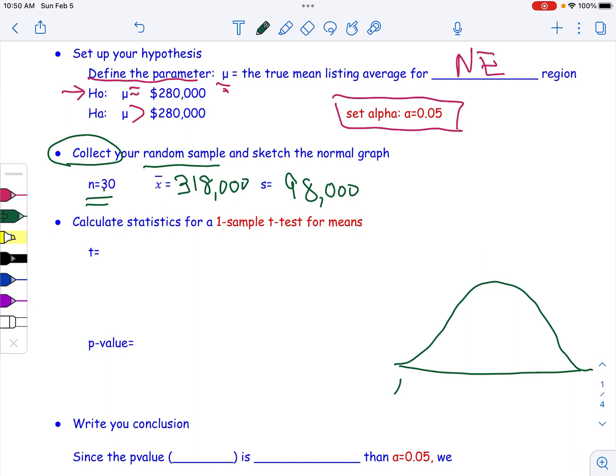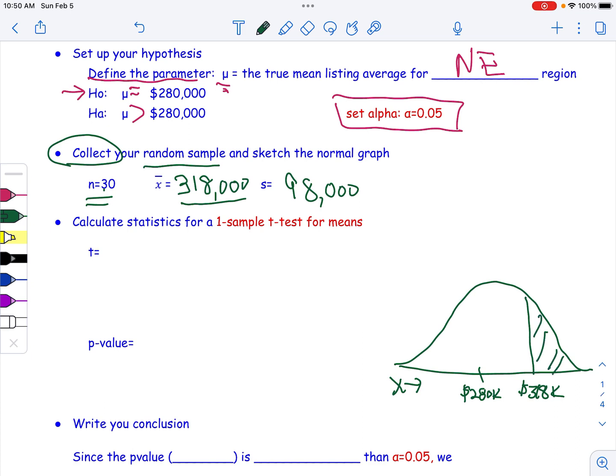And for our variable x, our mean is at our population, which is 280,000, I'm going to abbreviate it K. Our sample right here is 318K.